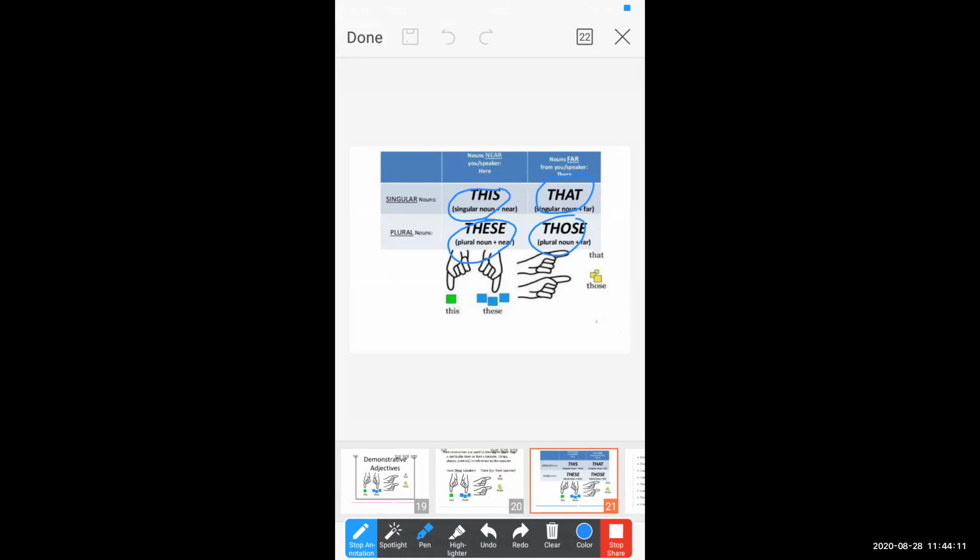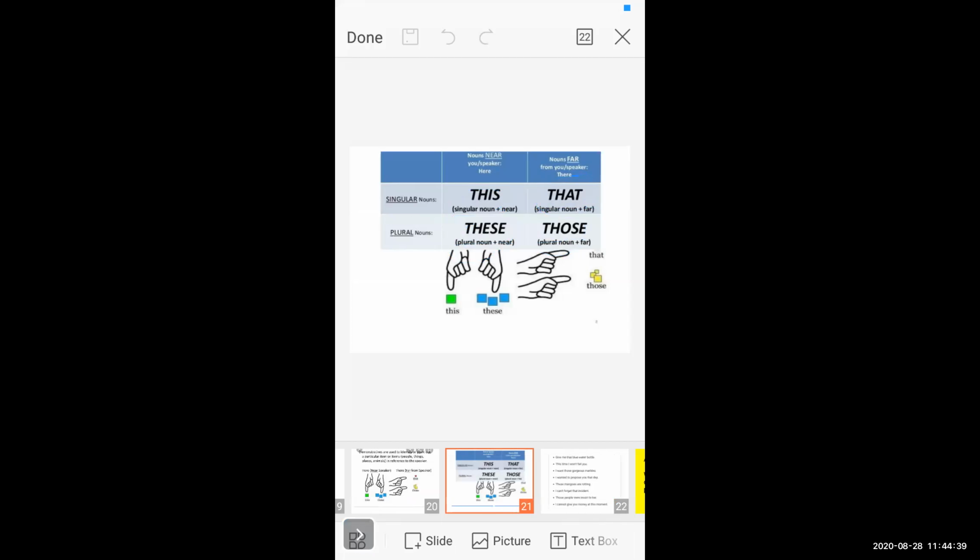We use this when the noun is singular, and these when the noun is plural. The same if the noun is far from you: if it is singular, you use that, and if it is plural, you use those. Understood? This you can say is a demonstrative adjective.